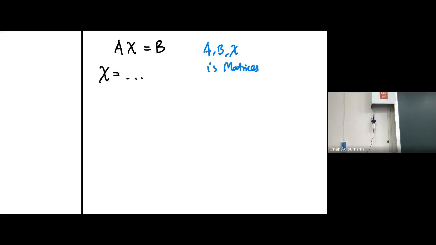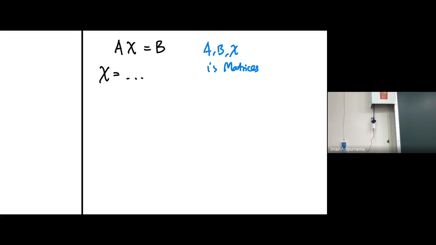And how to solve for X? Yes, you can eliminate A if you multiply by the inverse, right? And remember, multiplying from left and from right might give the same result, like A inverse A, it's still the same identity. But in this case, because it has the X, choosing left or right becomes important. If you want to multiply from the left side, A inverse A will be identity, right?